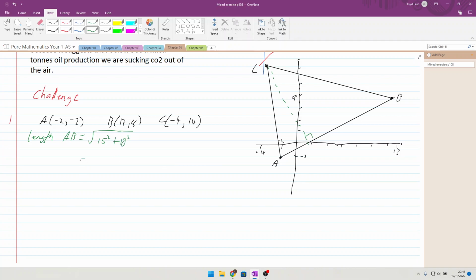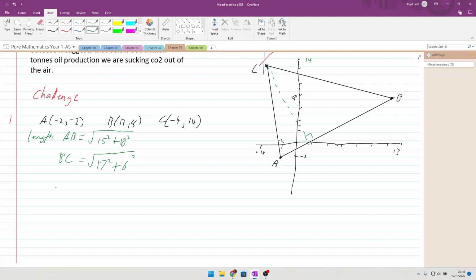The length of BC: that goes from 13 across to -4, 17, square root of 17 squared plus, and it goes from 8 up to 14, 6 squared.